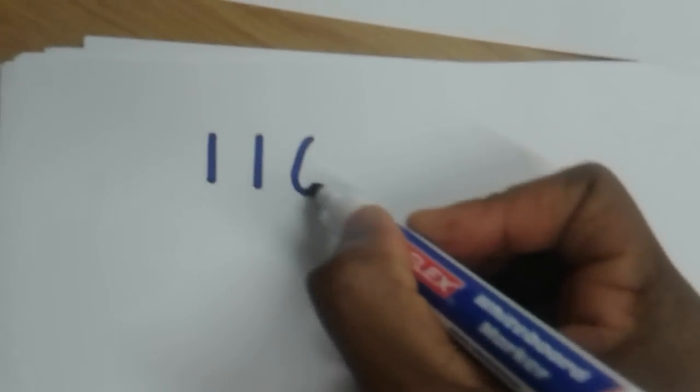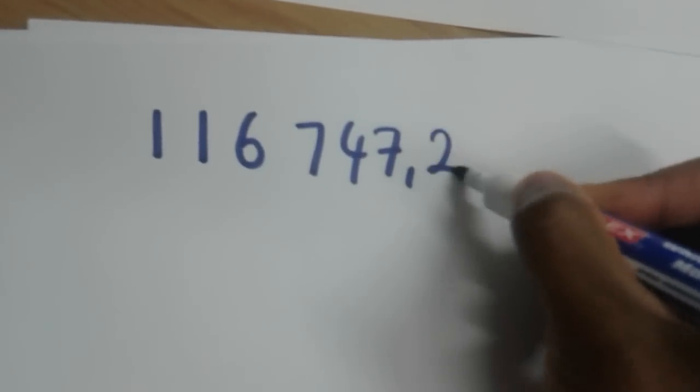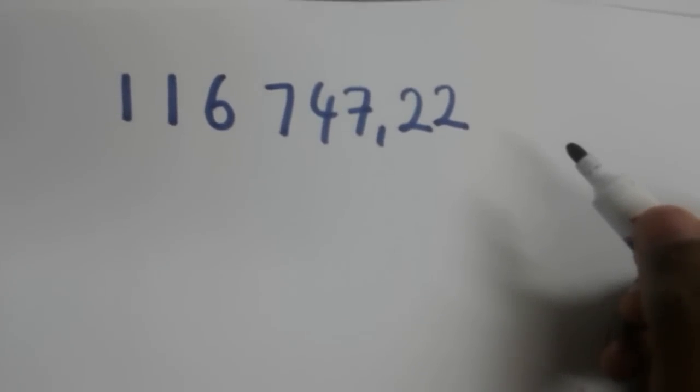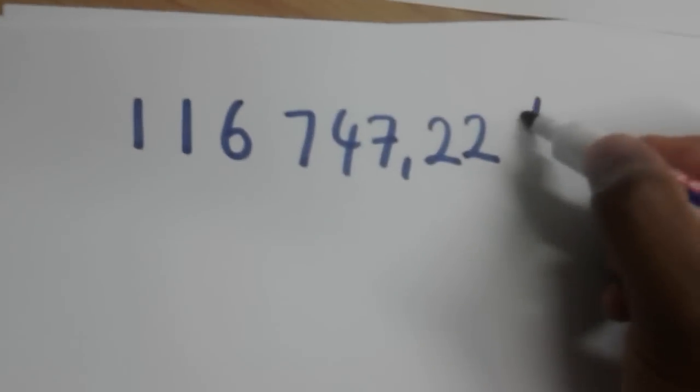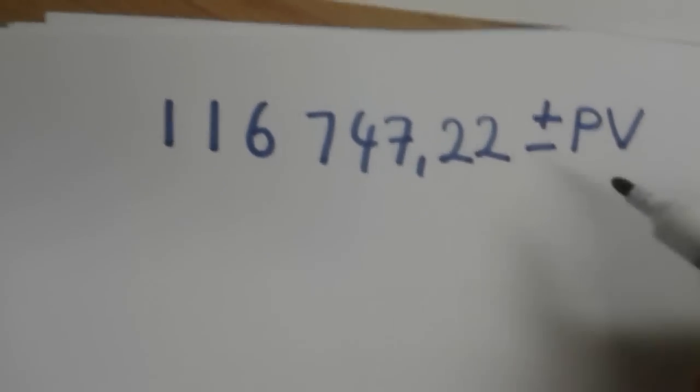So you are now going to say 116,747.22, right? That is your plus minus PV, right?